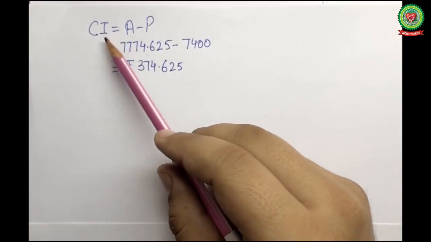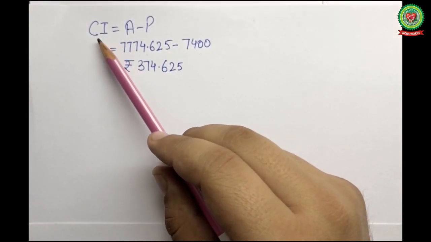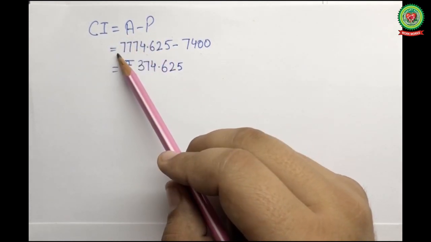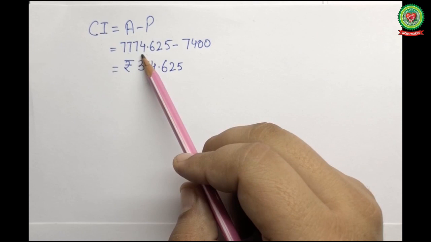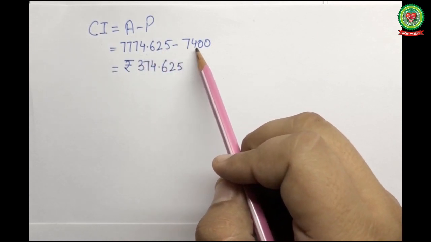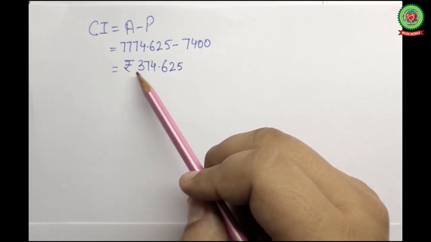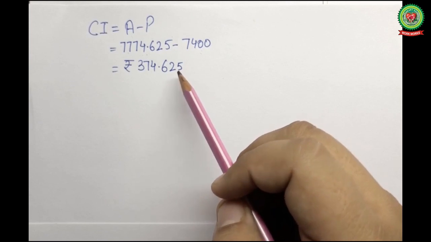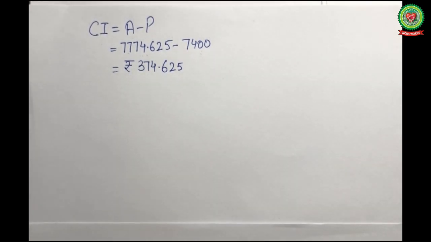Now the next step is that we need to find compound interest, that is CI is equal to A minus P, that is 7,774.625 minus 7,400, we get rupees 374.625.